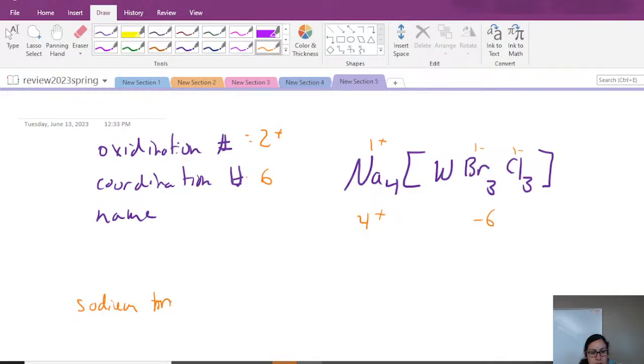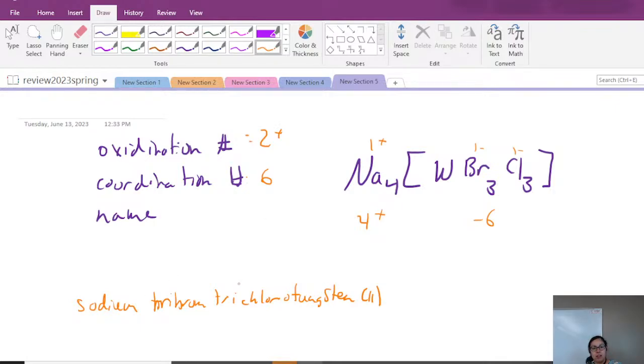Sodium tribromo, trichloro, and then what was the last part? Tungsten, oops. Tungsten, and then we just need to put the 2 at the end there so that we know how many sodiums that we needed to balance.